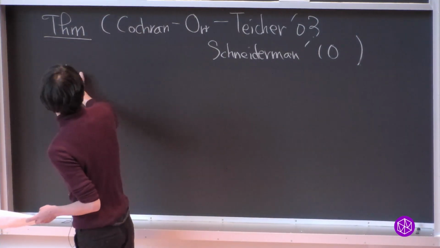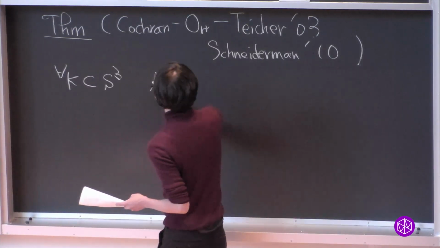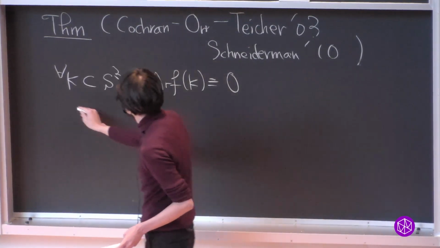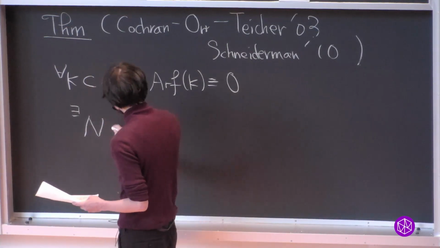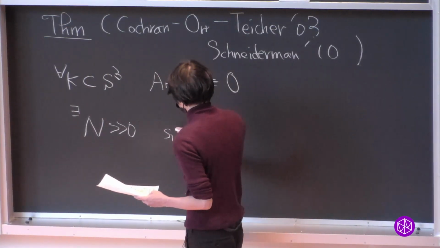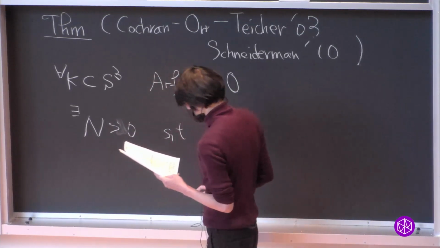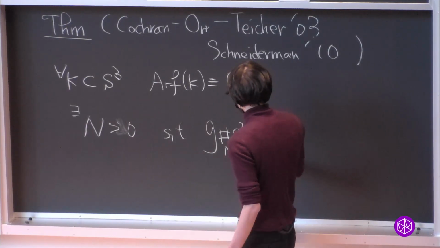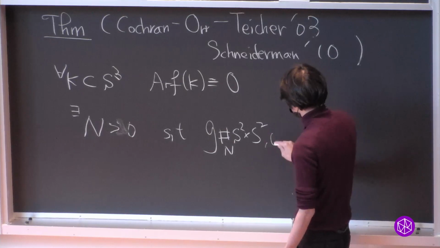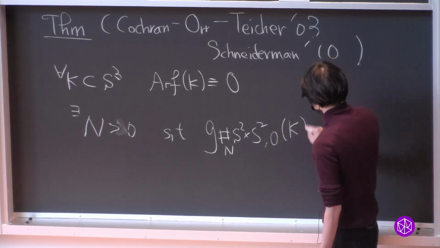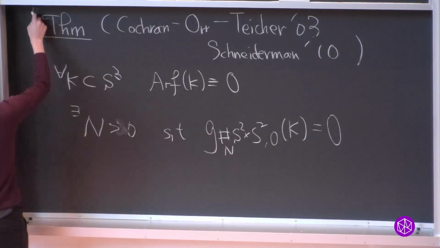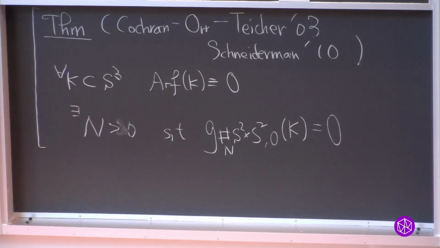They claimed that for any knot in S^3 whose Arf invariant is 0, there exists some number n such that the relative genus of K in n copies of S^2 times S^2 with zero homology class is equal to 0. This is proven by using the so-called band-pass move.